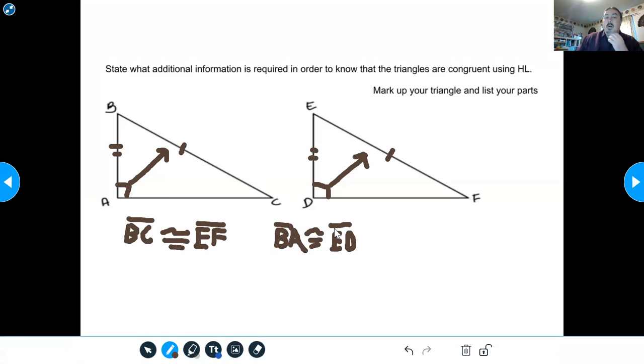If you can name your parts, you got more than half the battle beat. If you understand the hypotenuse leg postulates and those definitions of right triangle congruency, then you've got most of that battle beat. All you have to do is recognize the parts, recognize how to write them out. Very important for you to know. If you're having troubles with this, please go back and review.